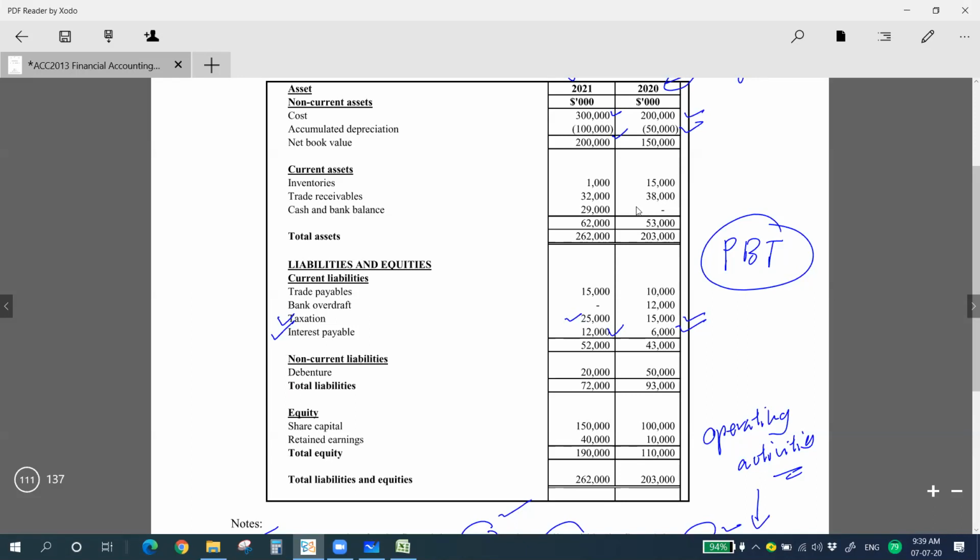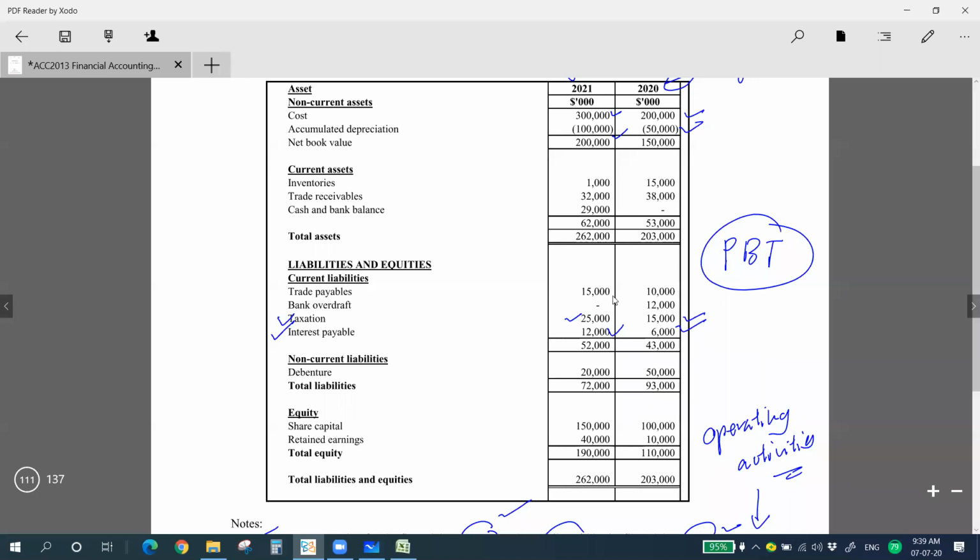Okay, Yi-Seng already gave us some hints on finding out. We can use the dividend to find out. All right, so let's do some recall. This is in chapter 5, when we learn the financial statement for limited liability company.